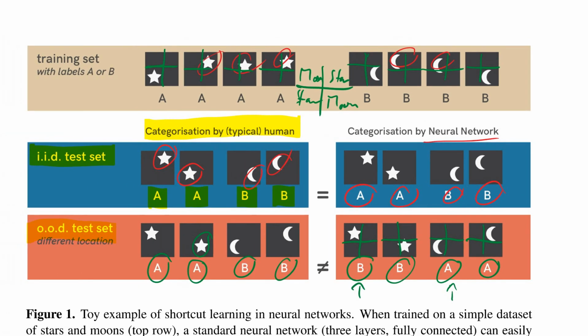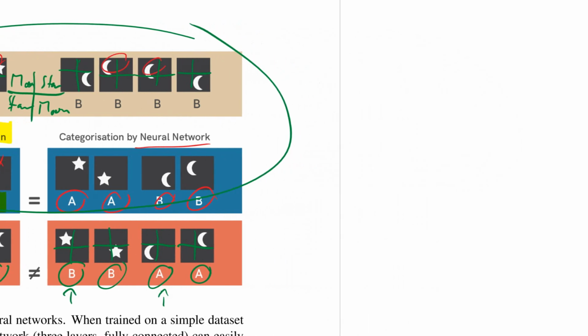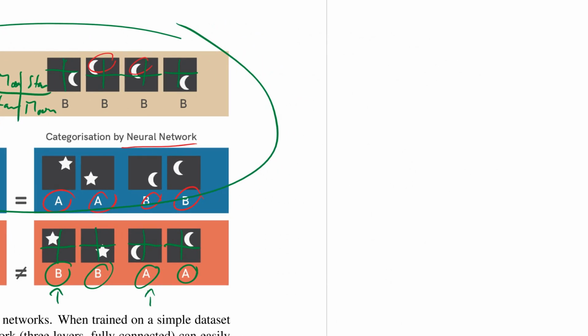So this might happen, for example, if the person that wrote the generator for the data set, for some reason, produced only data that had this property of the bottom left, top right being a star and otherwise being a moon. What generally happens if we do machine learning is we collect a big data set, but we collect it in a single pass.